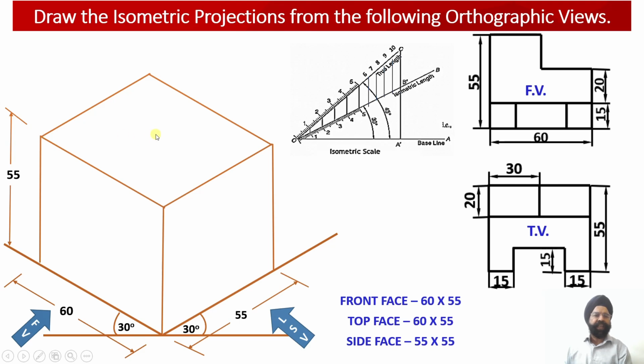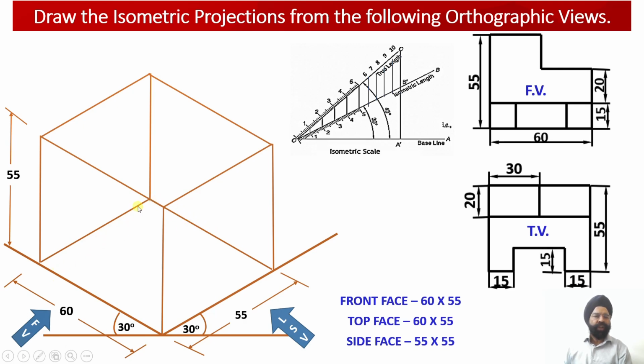Now having completed the top face, we need to complete the bottom face, that is the bottom of this particular solid. So in order to complete the bottom, this is an isometric edge measuring 55 millimeter which has been drawn parallel to the y-axis. This is another isometric edge which measures 55 millimeter, drawn parallel to the z-axis, and this isometric edge which measures 60 millimeter is parallel to the x-axis.